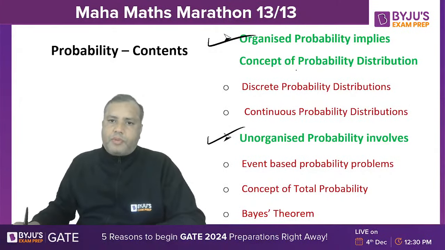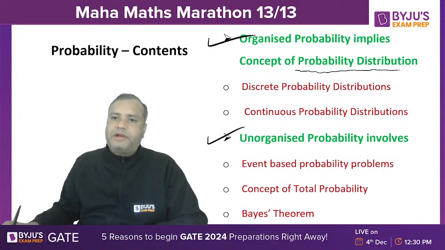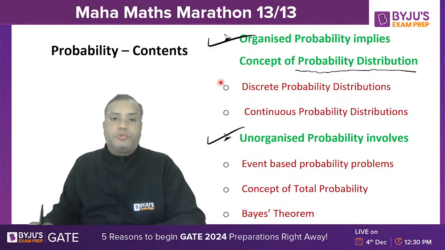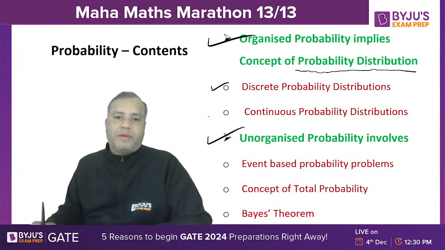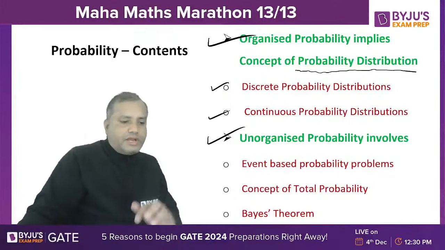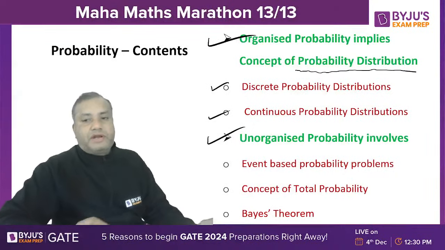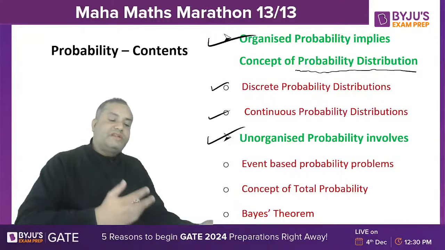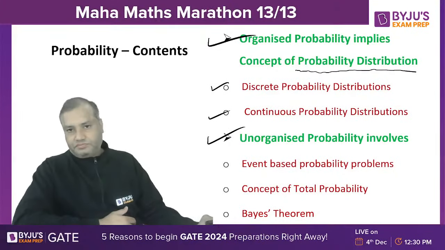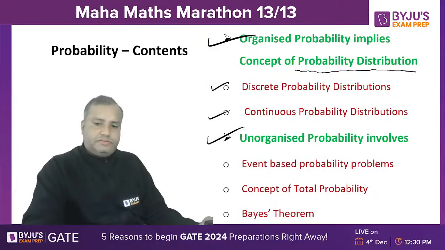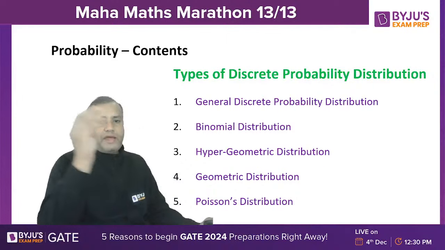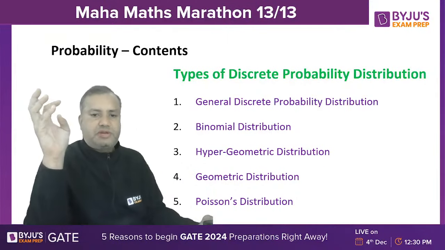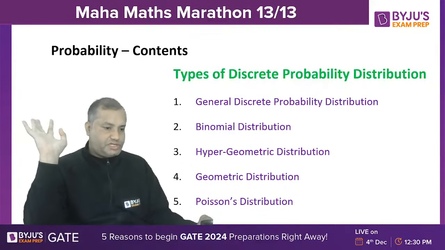When we talk about probability distributions, they are classified into two broad classifications: discrete probability distribution and continuous probability distribution. Further, you can see that discrete probability distributions are classified into further 5 special types relevant for GATE: general discrete probability distribution, binomial distribution, hypergeometric distribution, geometric distribution and Poisson's distribution.